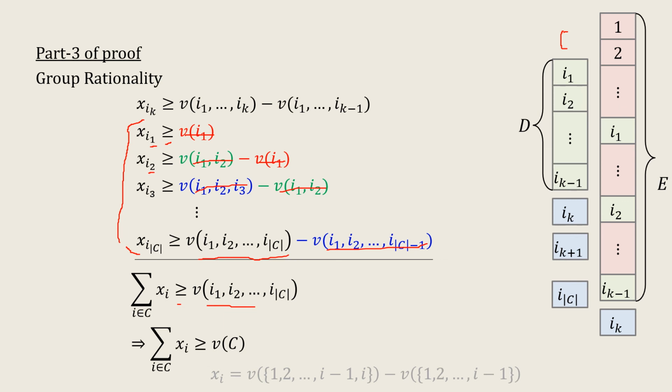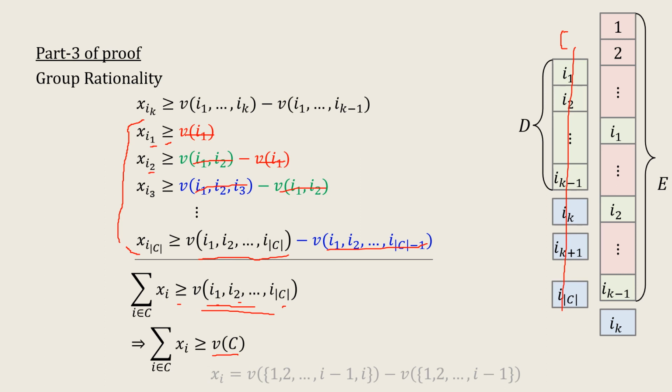But we saw that I1, I2 until I sub C are nothing but the agents which are part of the coalition C. So on the right-hand side, I have the value of the coalition itself. And on the left-hand side, I have summation over I belonging to the coalition of xi.